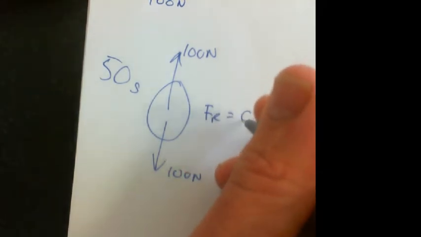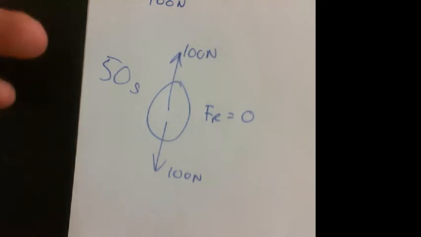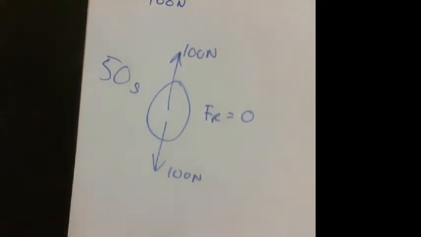It won't have changed, so Fr will still equal 0 and the velocity will still be at the terminal velocity. It doesn't change. Then if I looked an hour later, it would still be at the terminal velocity. If I looked 5 days later, it would still be at the terminal velocity. It's not going to change because it's reached its maximum and the two are now balanced until it lands.